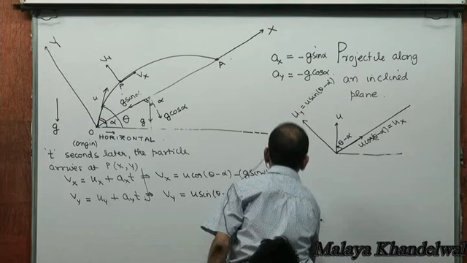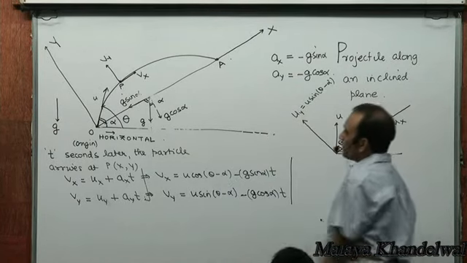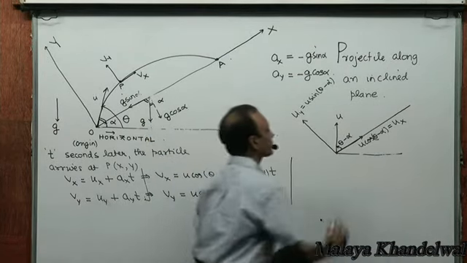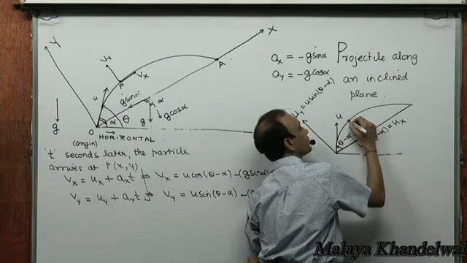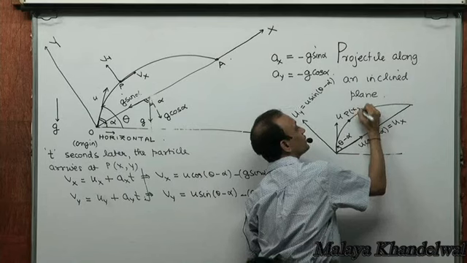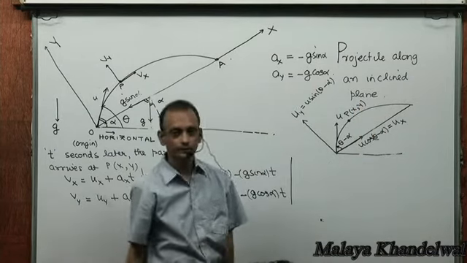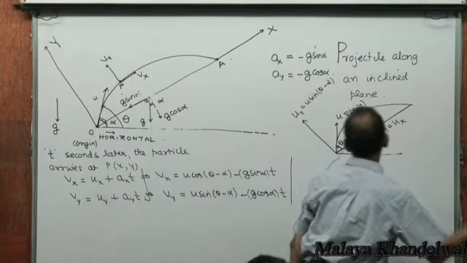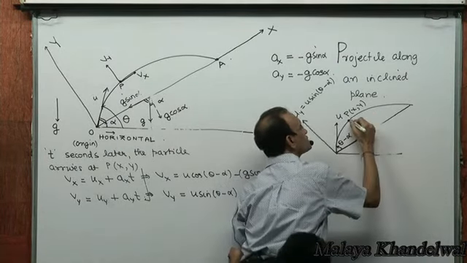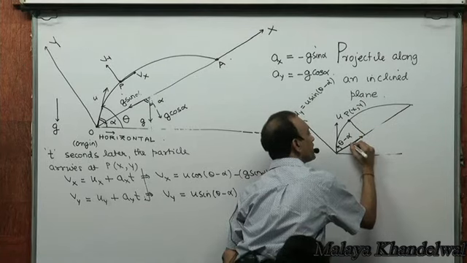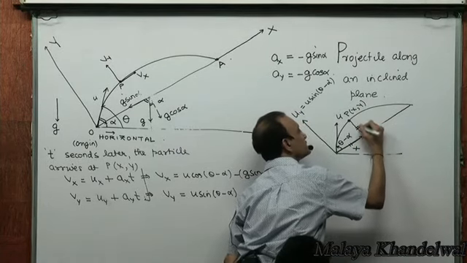Again, when the particle reaches a point p, which is coordinates x comma y, what is its displacement in the x direction? X. What is its displacement in the y direction?